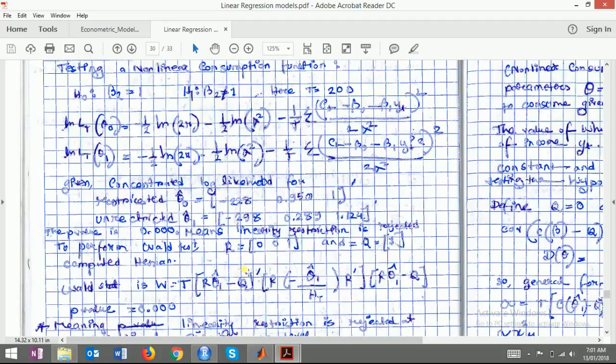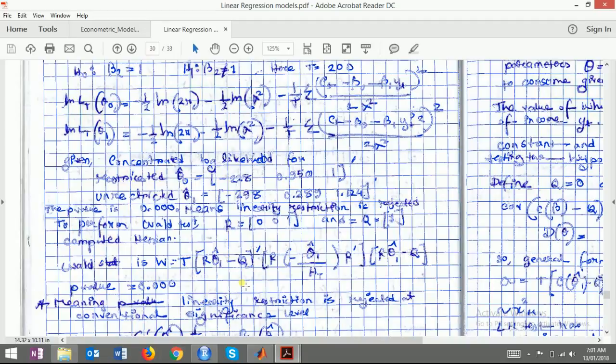The computed Hessian Wald test is (R theta 1 hat minus q) transpose, R inverse Hessian R transpose inverse, (R theta 1 hat minus q). The p-value is 0.00.